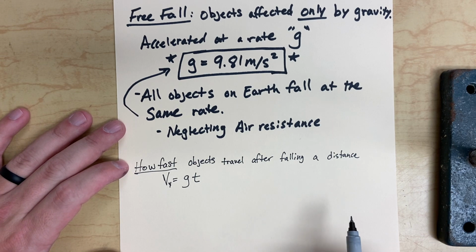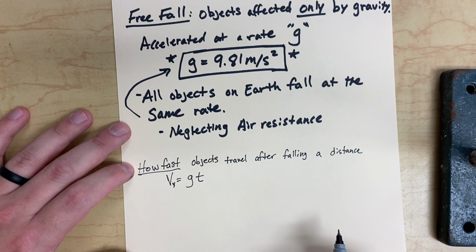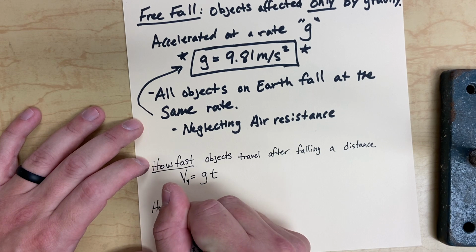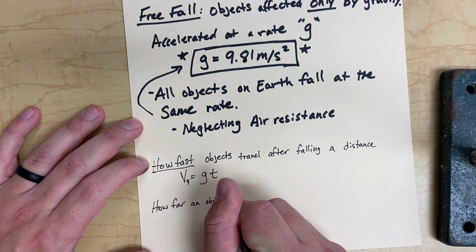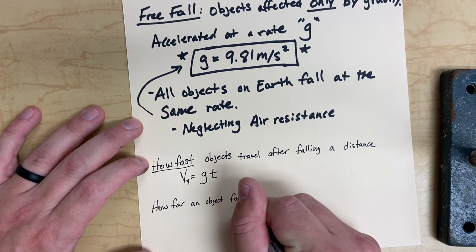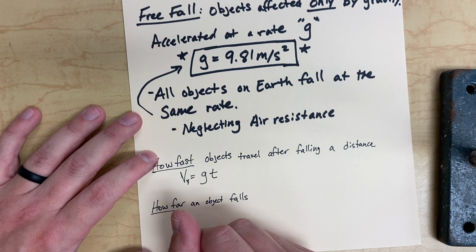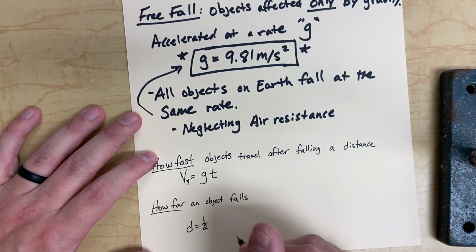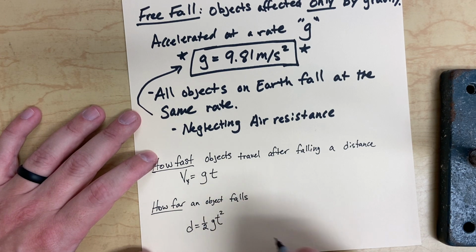If you know how long it's in the air, you can figure out how fast it is going. All right, to find out how far. Figure out how far an object falls, we're going to go into some interesting equations soon called the Big Four kinematic equations, and this is a part of a kinematic equation.